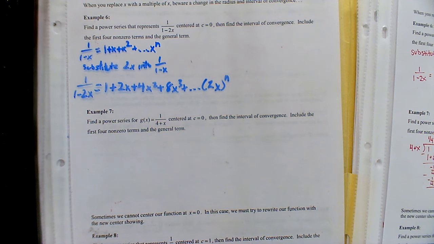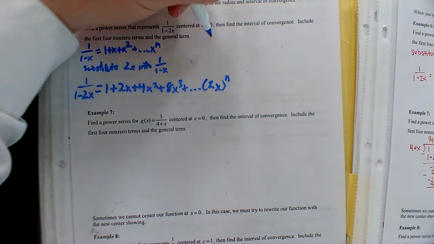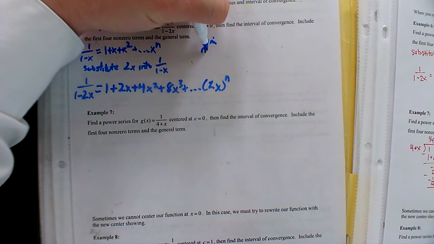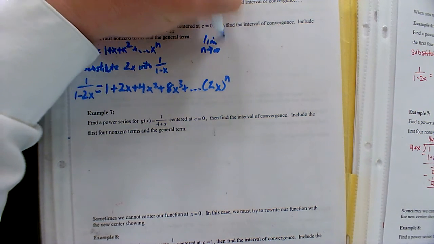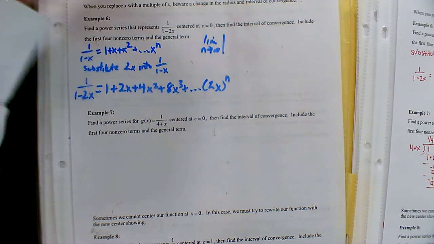But now we have to go back. We used what test to check for these? What test did we use to find our interval? Ratio test, yes. So limit as n goes to infinity, absolute value.